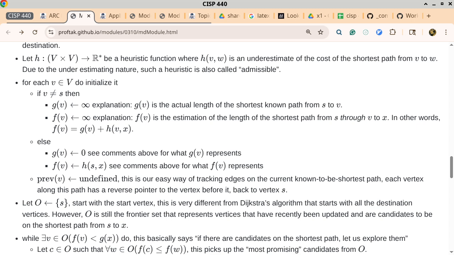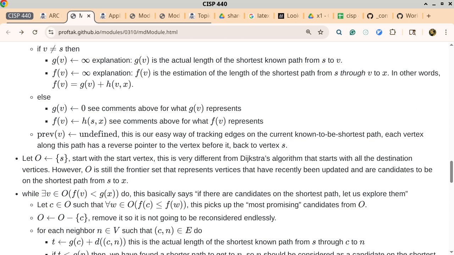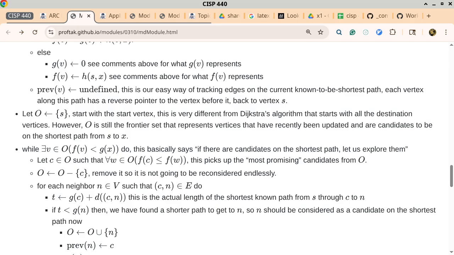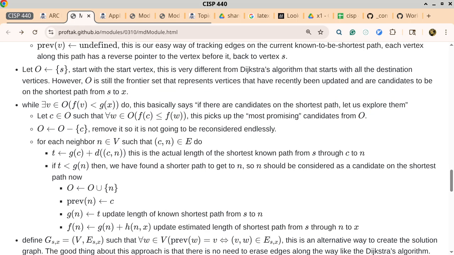all right. So now we go through one more initialization. The set O does the job of the set Q, but it is initialized to a singleton set with only the start vertex in it. So that finishes the whole initialization. And then the rest is this huge mess over here.